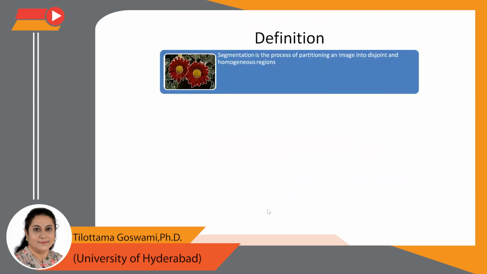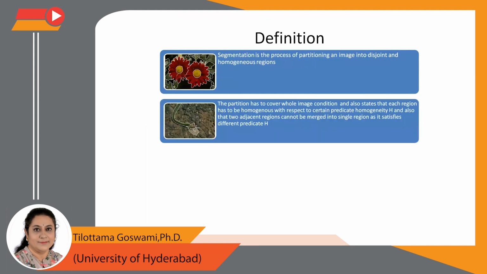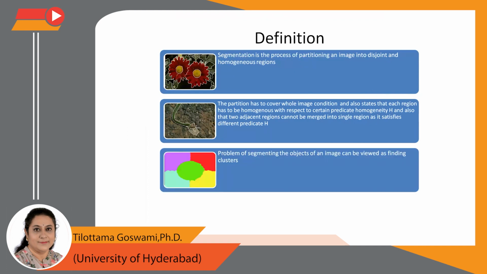The definition in terms of partitioning: segmentation is the process of partitioning an image into disjoint and homogeneous regions. Homogeneous means homogeneity with respect to certain characteristics such as color, texture, and grayscale intensities. The problem of segmenting the objects of an image can be viewed as finding clusters.